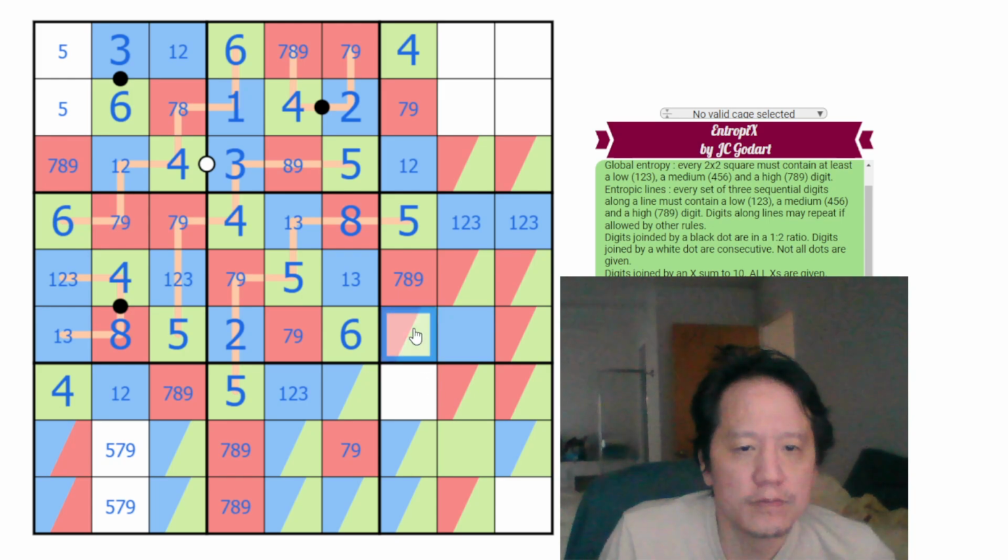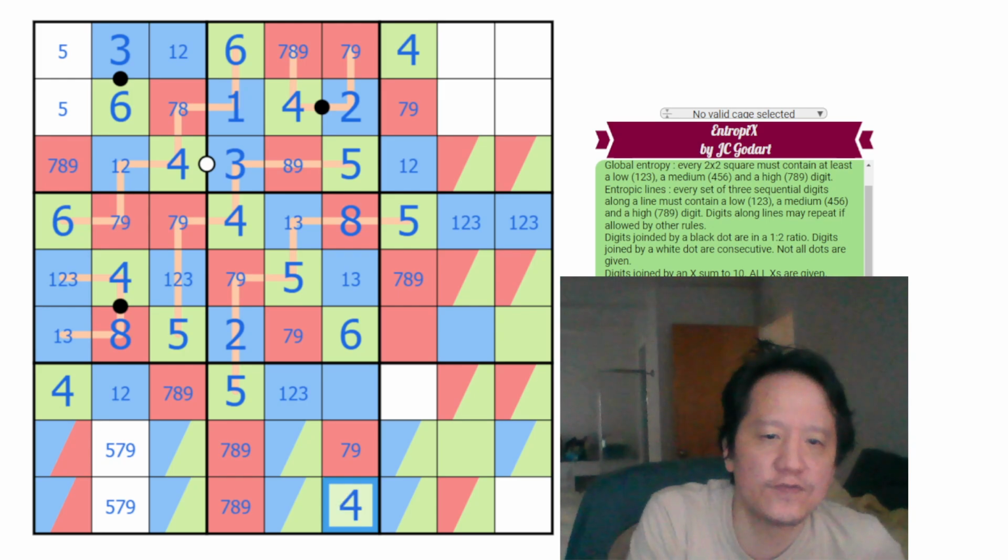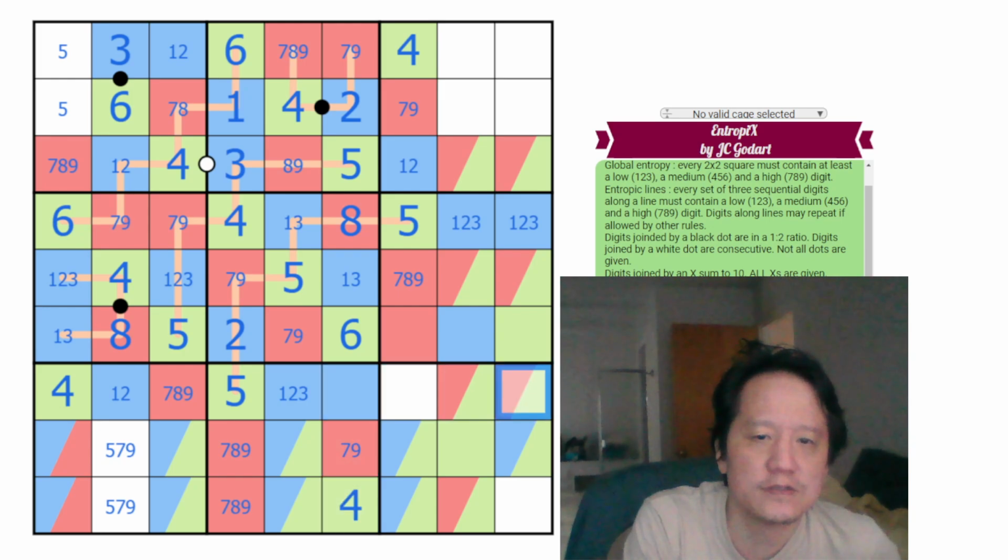This can't be green because this is 6, right? This can't be green. So neither of these are green. Which means this cannot be red. This cannot be blue. So this is green, which makes this 4, and this 4. 6 is one of those.